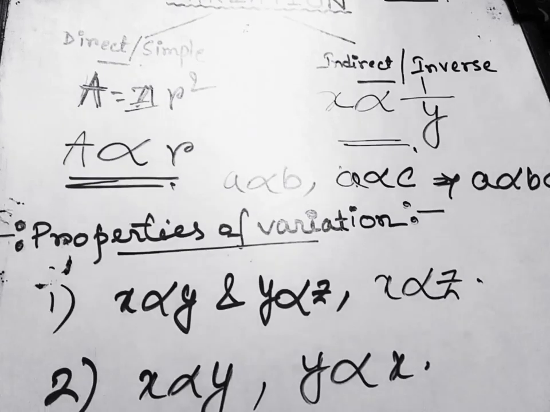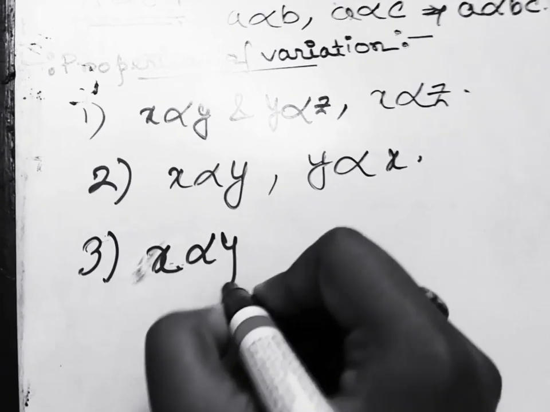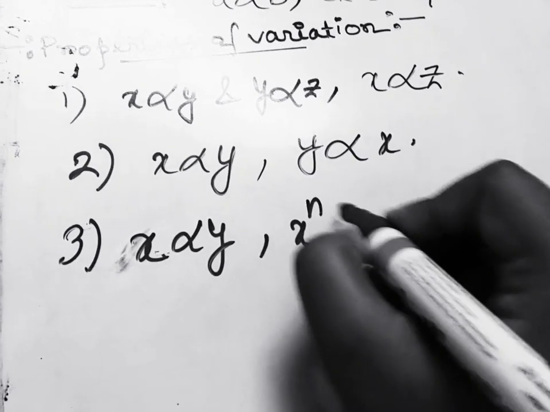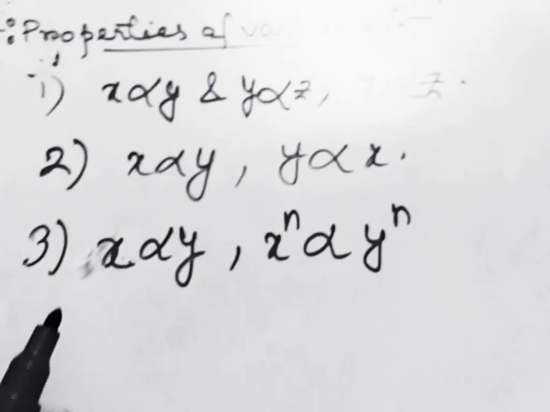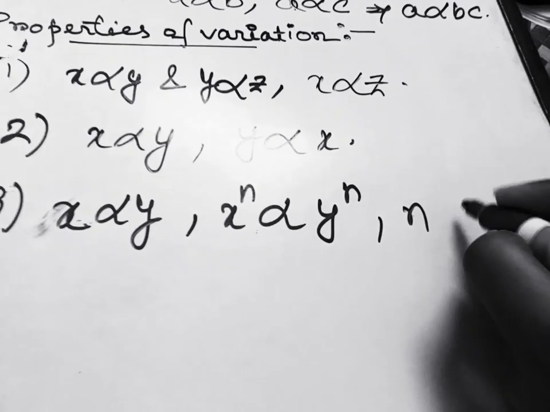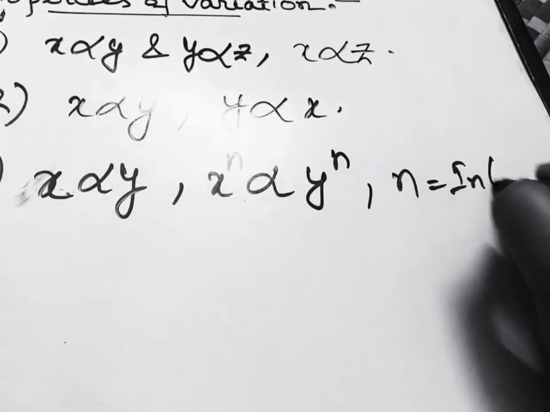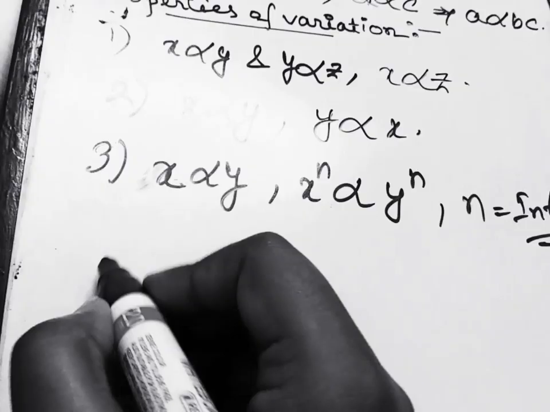Third one: if x varies as y, then x to the power n varies as y to the power n. This is also a basic formula. If x varies as y, then whatever power it is, it also varies with n. n should be any integer.